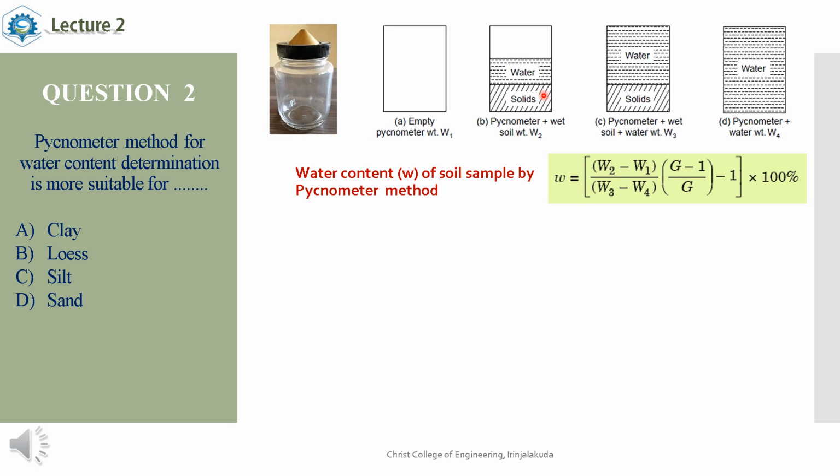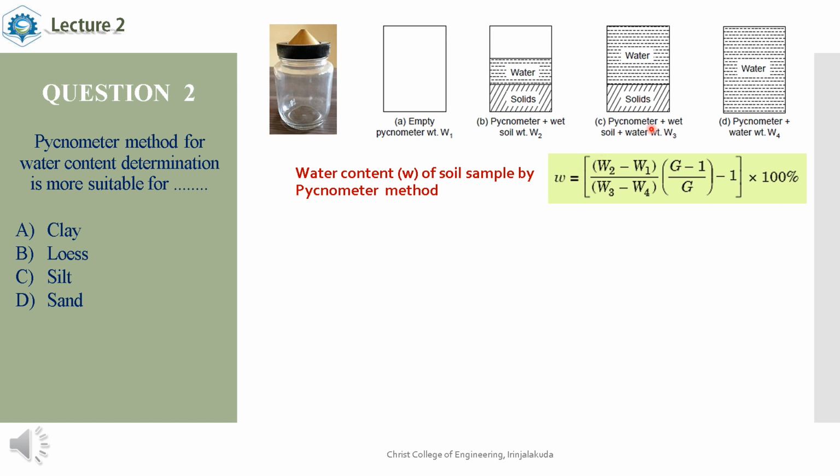The wet soil means there will be solid particles and water, and let the weight be W2. Then we shall fill this pyknometer with water, somewhere up to the middle, and we should constantly stir it with a glass rod in order to remove the entrapped air.